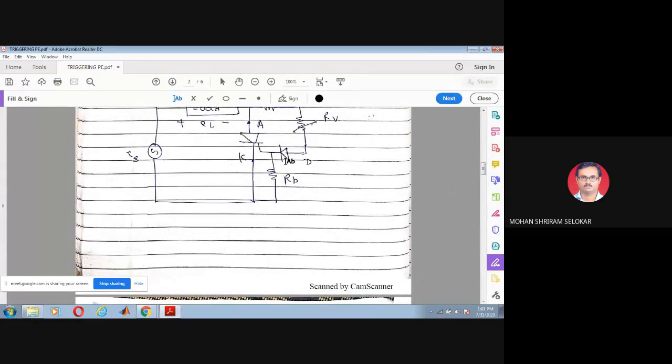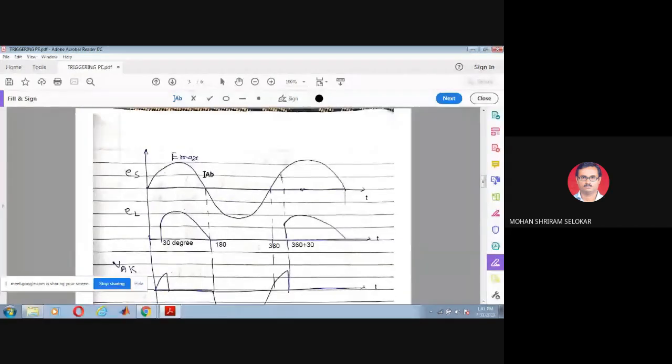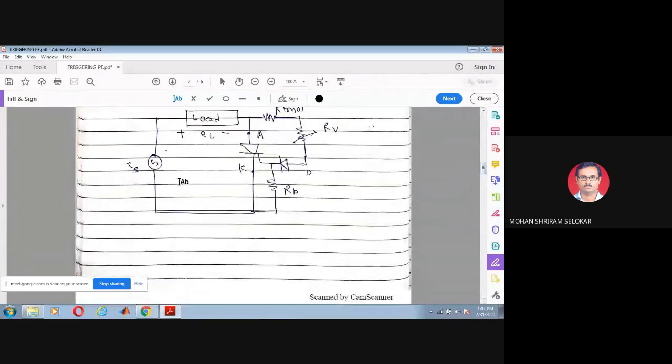This is the diode. What is the use of this diode? In the negative half cycle there will be no voltage between the gate and the cathode. When this is negative and this is positive, what will happen here? In this case, diode D will be open circuited.